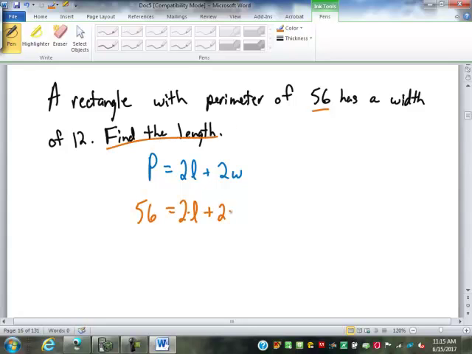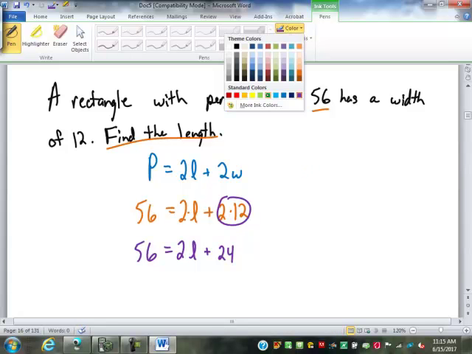Plus 2 times 12. Before we start to solve, we have to simplify what? 2 times 12. So 2 times 12 is 24. So we have 56 equals 2L plus 24.